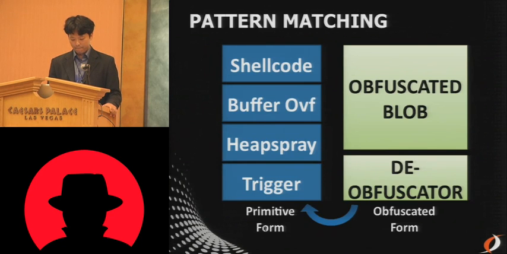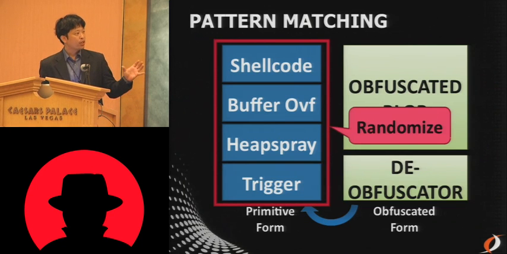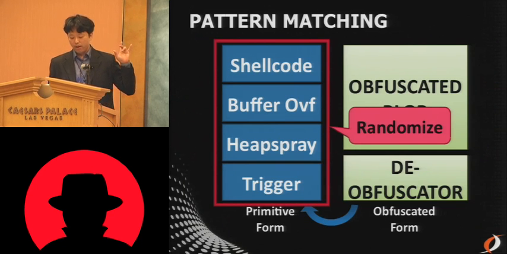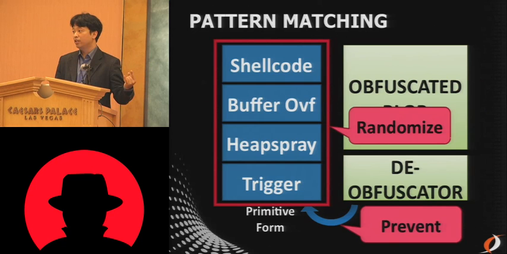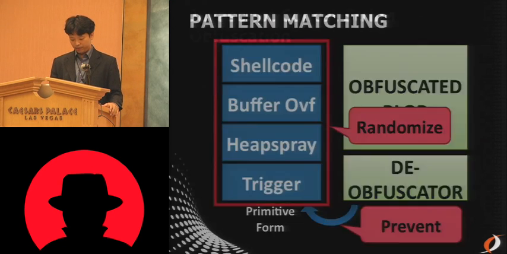What attackers usually do is try to randomize the primitive form, and try to prevent the triggers from happening inside a detector. Okay, so two ways. First, obfuscate the primitive form to bypass antivirus detection. Second, if I am run inside a detector, I do not trigger myself. All the code is there, but it's not executed.